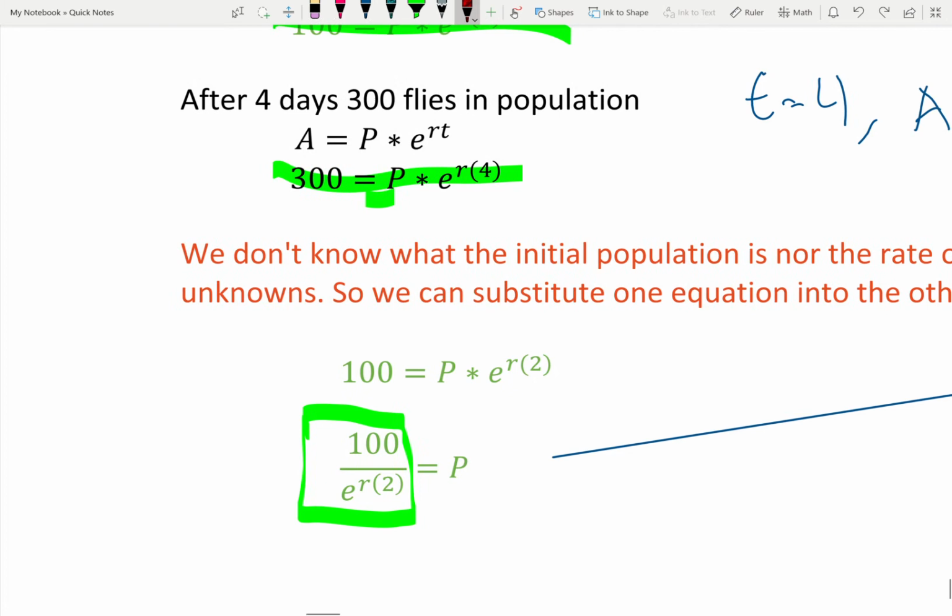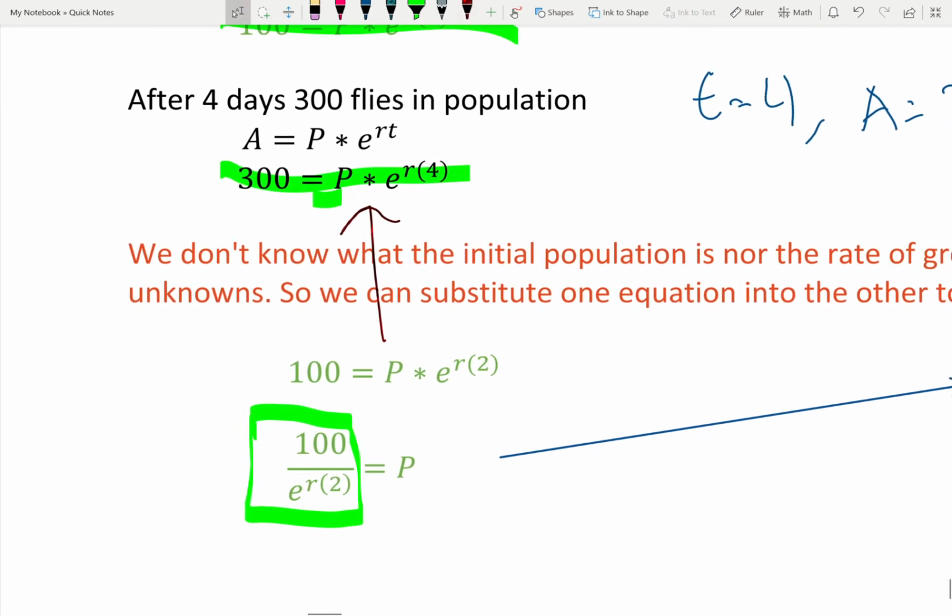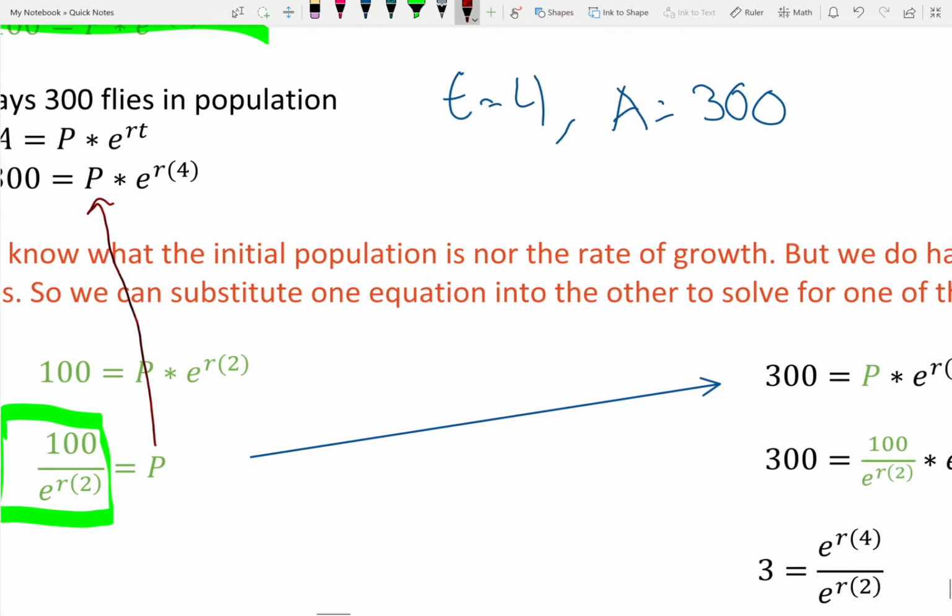All right. So once I solve for either of the variables, I'm going to take this P and plug it into the second equation. I'm going to take the second equation, 300 equals P times e to the 4r, and plug in this P for this guy. So it's going to look like this.